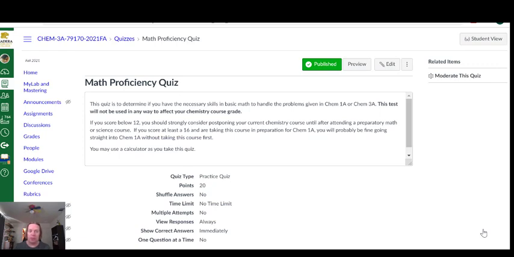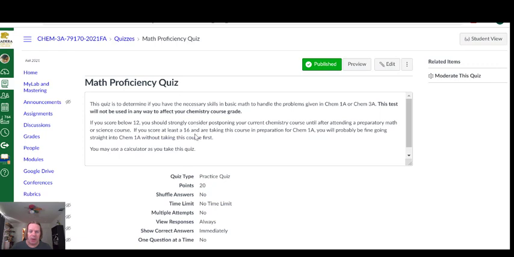You can still do well in the class. You can still be successful regardless of your score on this quiz. However, you might have to put in more work if you have a bit of a lower score. So you want to know that coming in. You want to know that on day one, if you are ready for that.